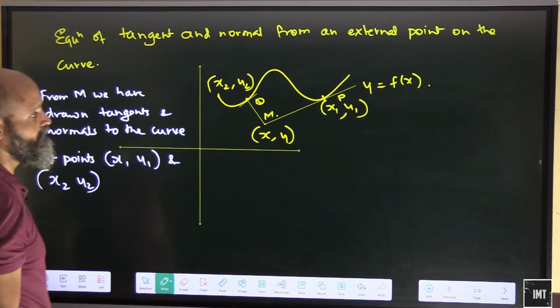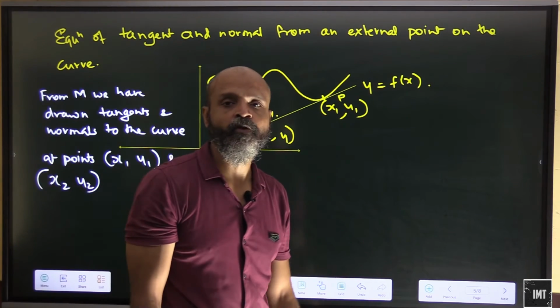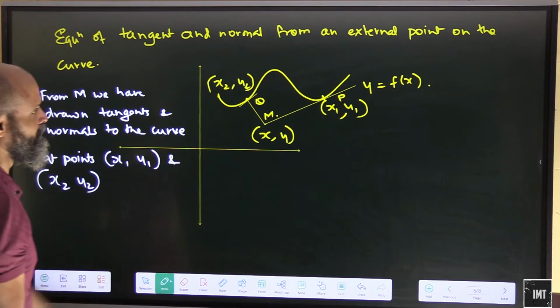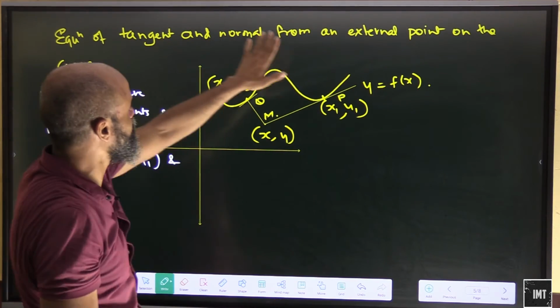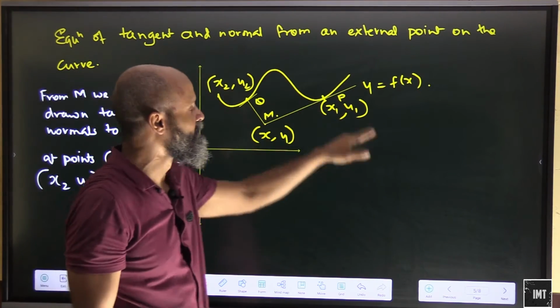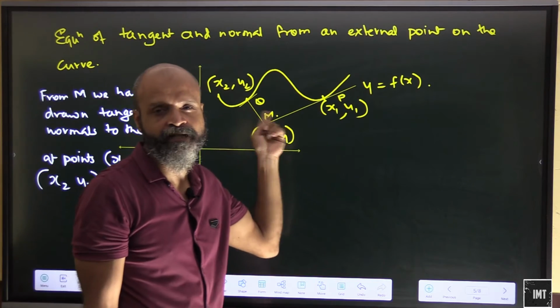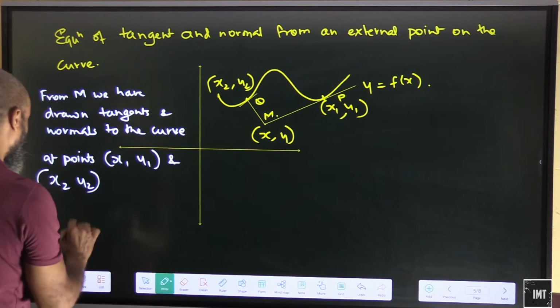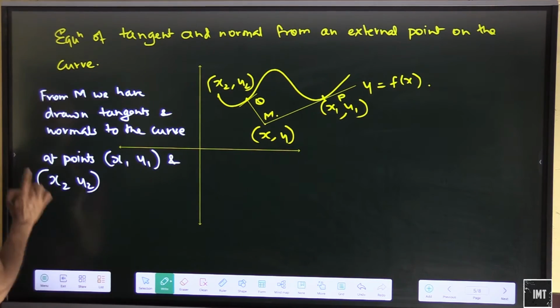So we have drawn basically tangents and normal to the curve. So from an external point we have drawn tangents as well as normal. So how can we write the equation here?